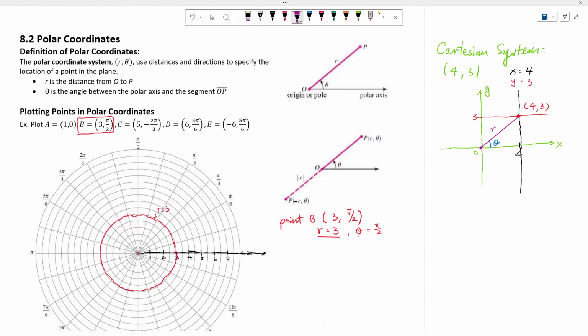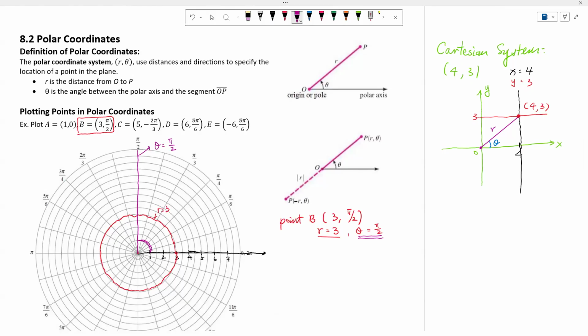Now, if I have theta equal to pi over 2, in this case it means I have the angle from the polar axis of 90 degrees, which is here. Then this will be theta equal to pi over 2.